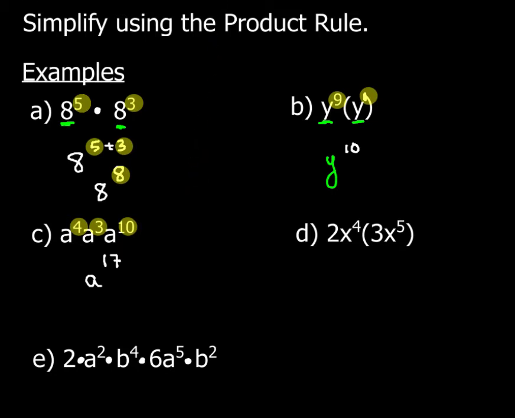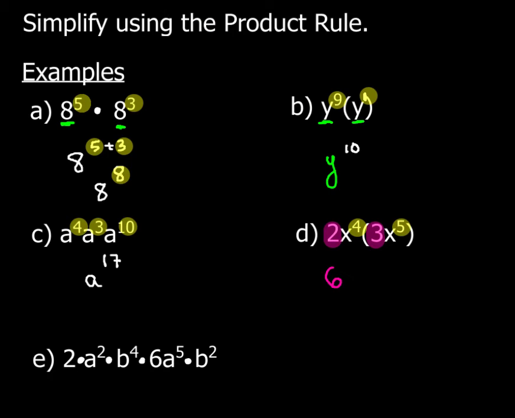Now D is going to take a look at multiplying again, but notice we've got a 2 right here and then we've got a 3 right there. What you're going to do with those two terms is combine them, and that's going to give you a 6 because 2 times 3 is 6. Now for your exponents here, notice again our base is the same. Our base on this term is x and our other term is x.